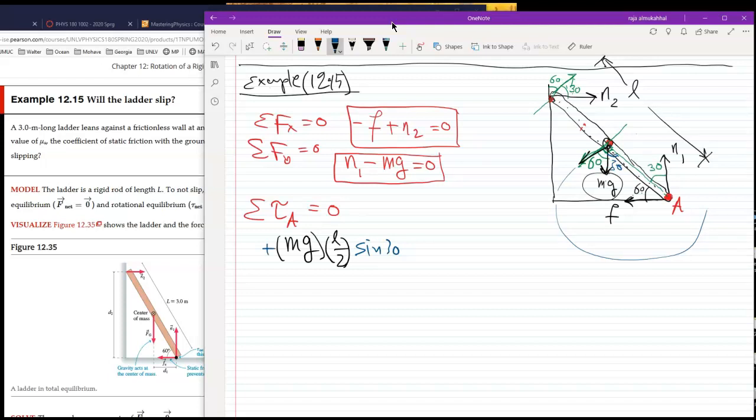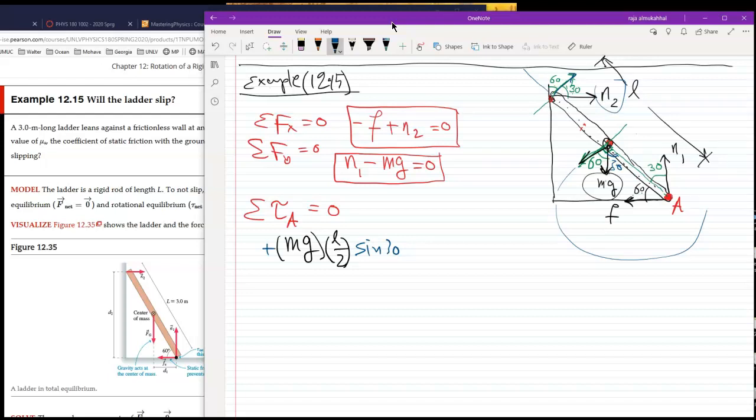Now we come to the next one, N2. So I am taking this component of N2. And the angle between them is 60 degrees, correct? Because this is the length right here, and that's the angle.